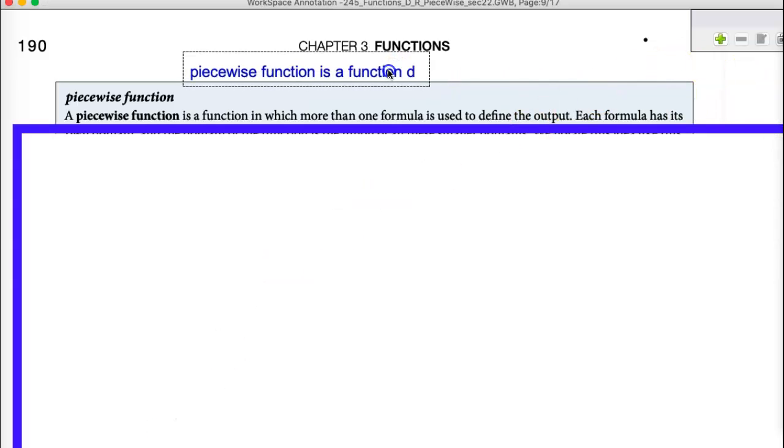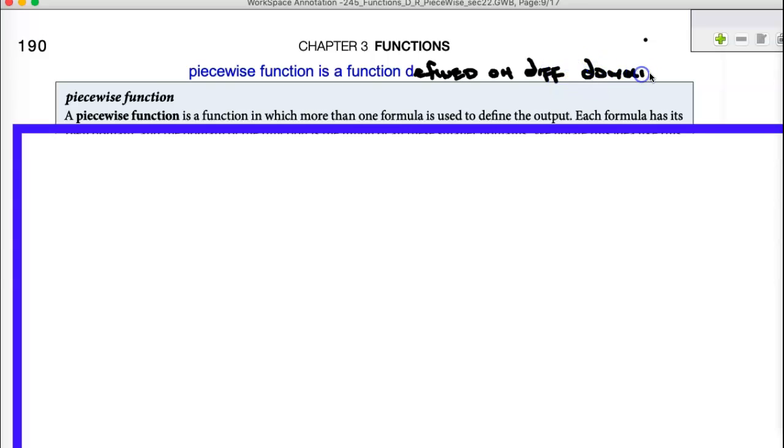So my apologies. So a piecewise function is a function that is defined on different domains. So you could have one function defined on one domain to get a different output.